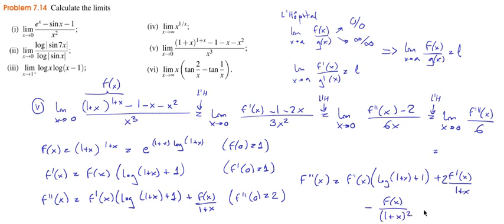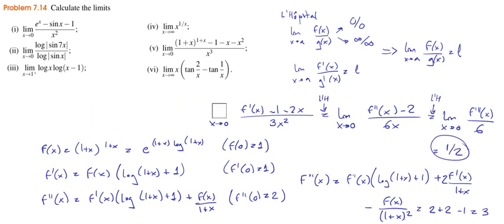This is the third derivative. Now the third derivative at 0 is going to be 2 times 1, so 2 plus 2 minus 1, or in other words 3. So this is 3 divided by 6, in other words 1/2. Okay?